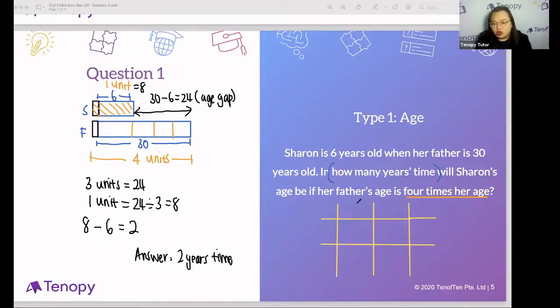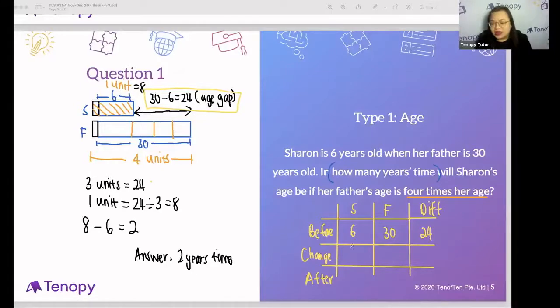Okay, so Sharon, father, difference. Oh, I'm missing one line. Let me draw one more line. Before, change, after. So Sharon is 6, father is 30, difference is 24. That's the same thing as what we did over here.